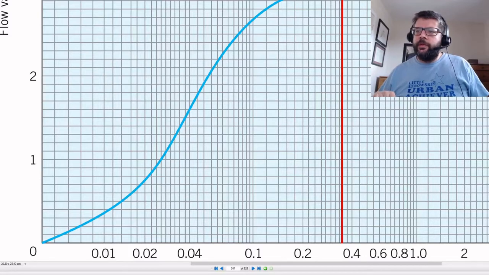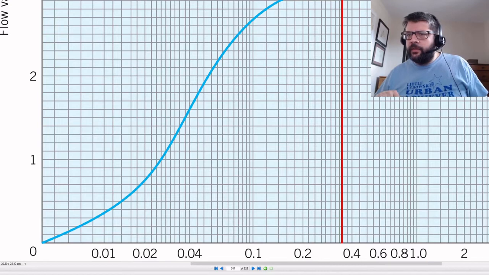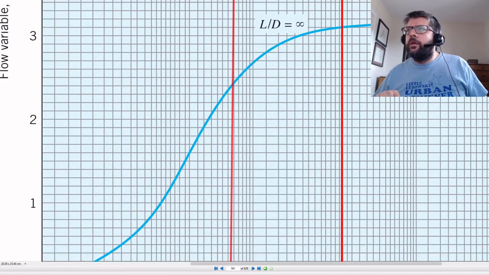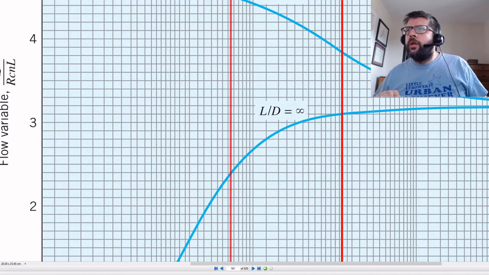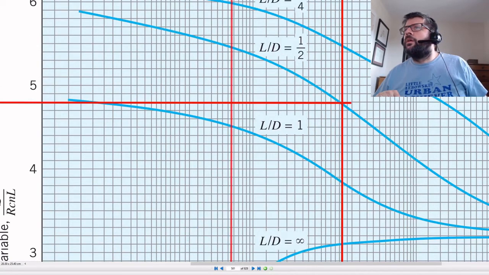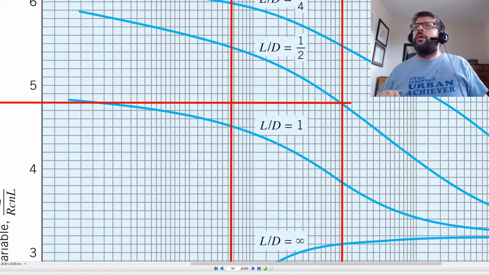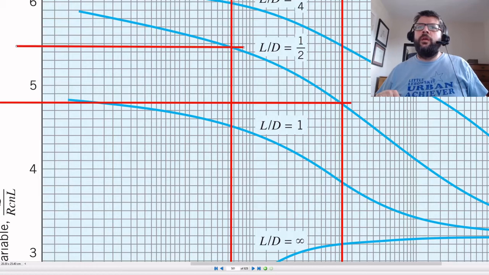We're looking at about right here, crossing the line there. 1, 2, 3, 4, 4.5. So now let's say 5.5 just to round off a little bit.